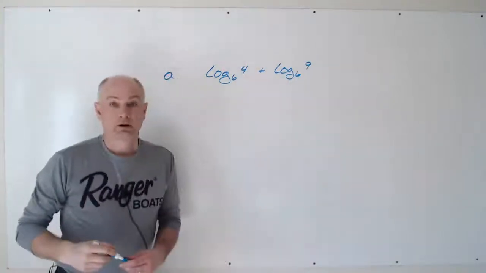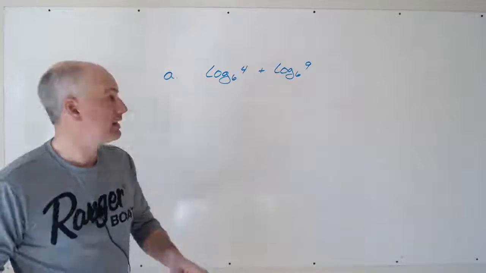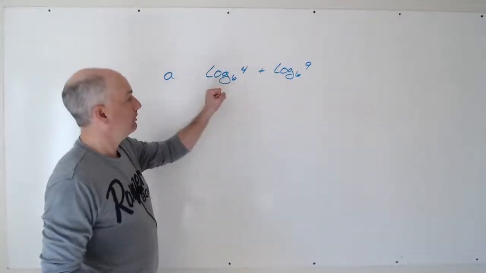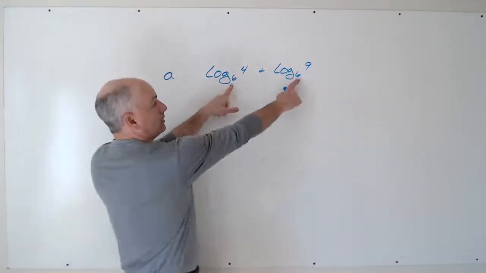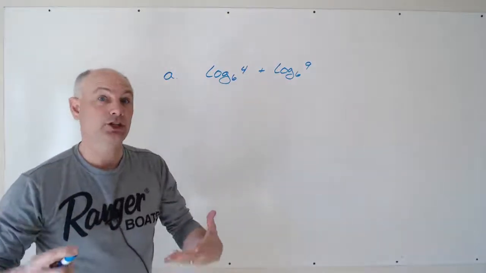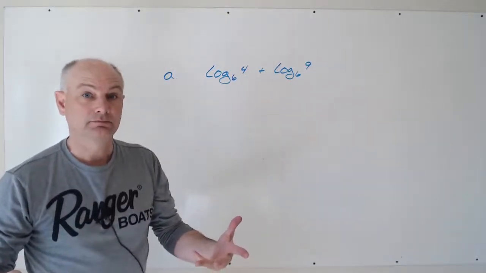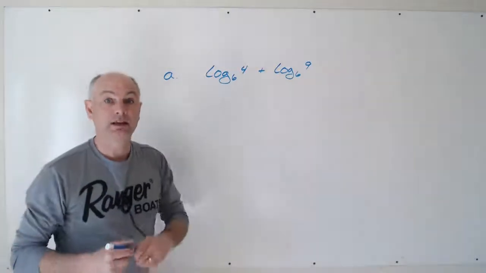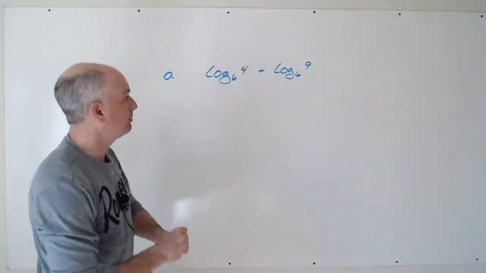Now, what we need to recognize here is that I have an addition of two logarithms using the same base. So this would be which property? Yes, it would be the multiplication or the product property.